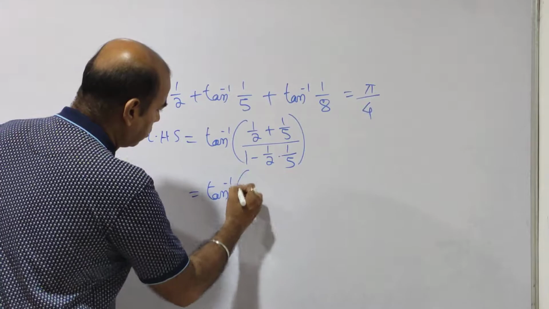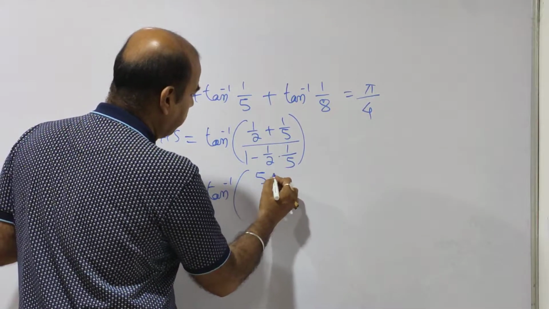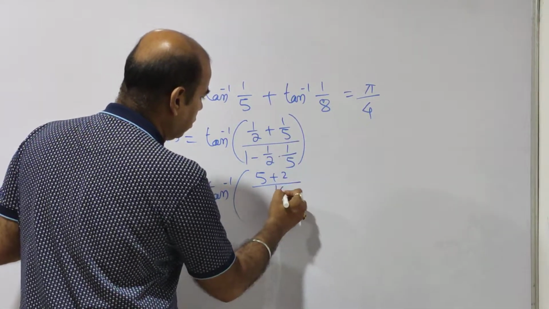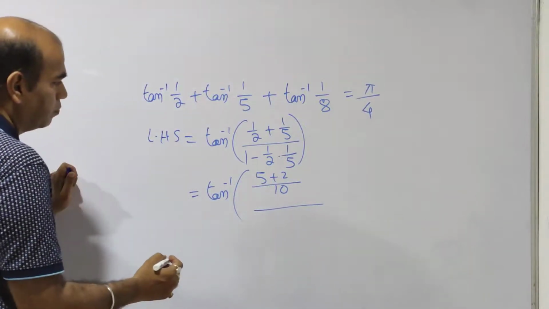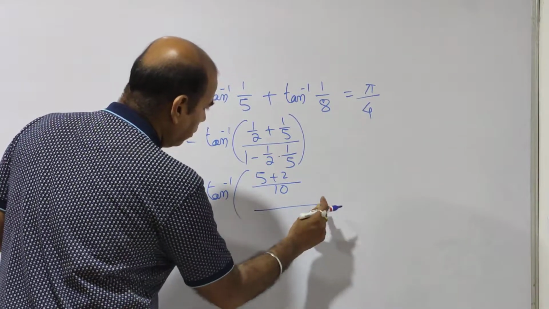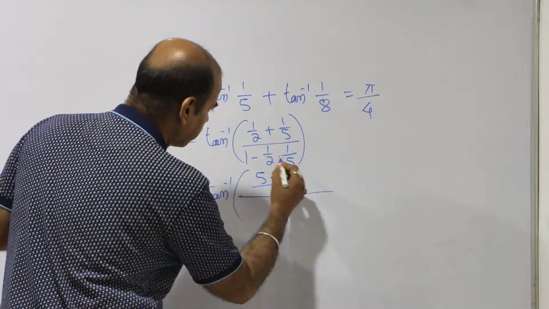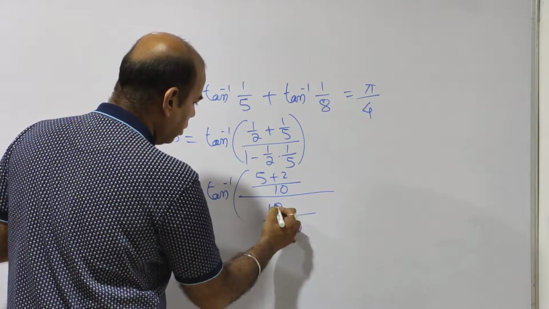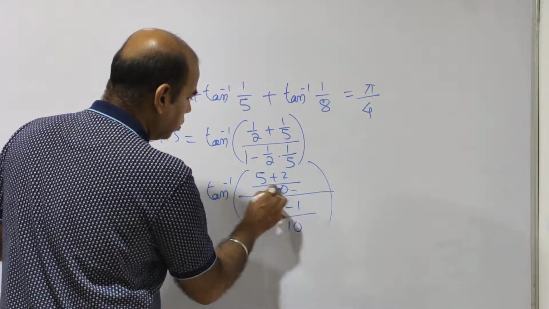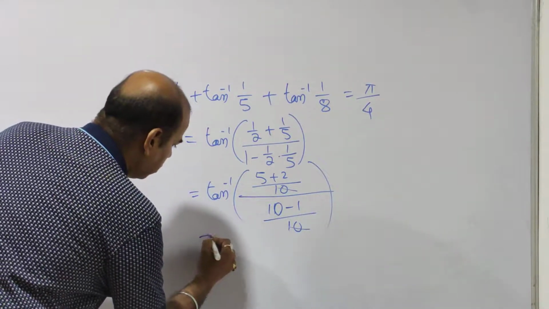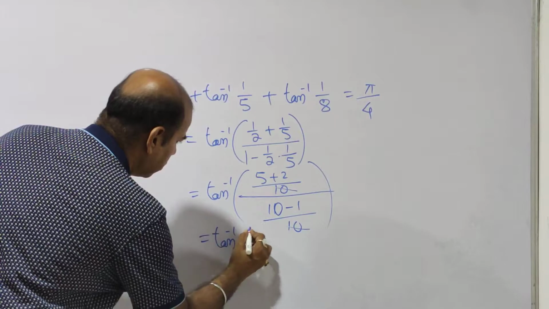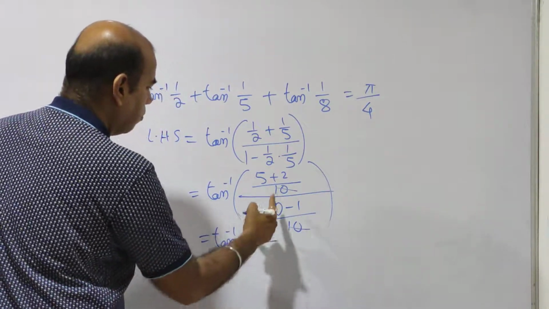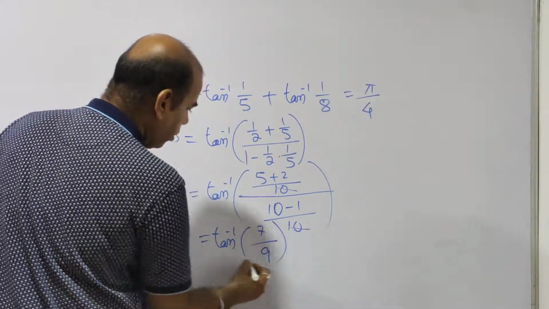So tan inverse, this is 5 plus 2 by 10, divided by, again this is 10 minus 1 by 10. So 10 cut. This is tan inverse 7 by 9.